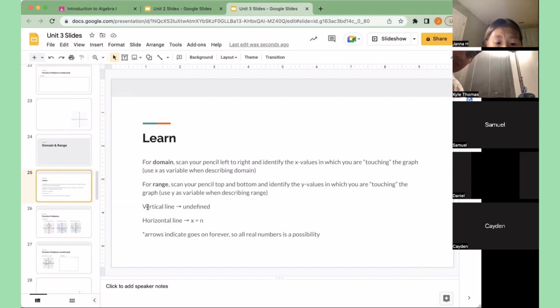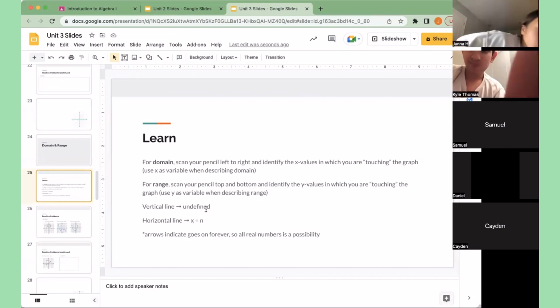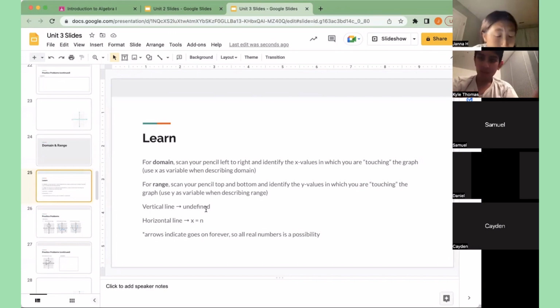If the function is just a vertical line, it's undefined, because we'll learn that functions are y over x, and if it's a straight line, the equation is undefined.